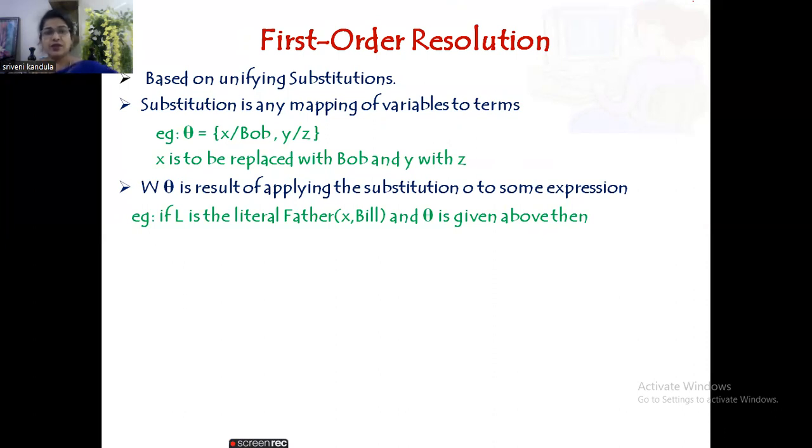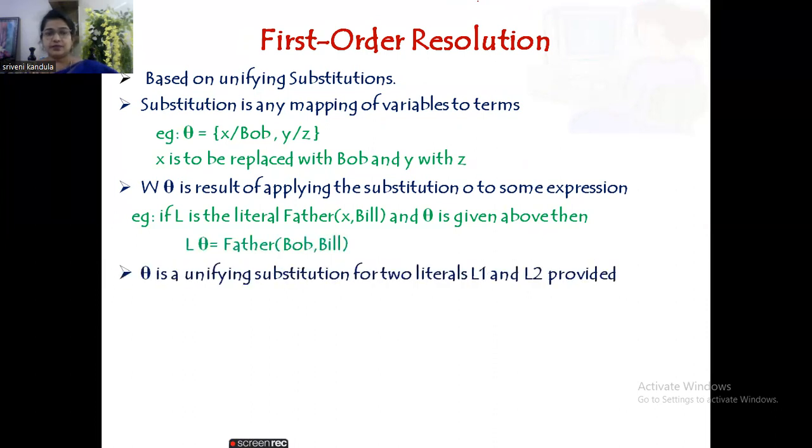So then what will we obtain? Here x has to be replaced with Bob, then I will obtain father of Bob comma Bill. Okay, so this is my L theta. On L, I have applied a substitution theta, so this is my result.